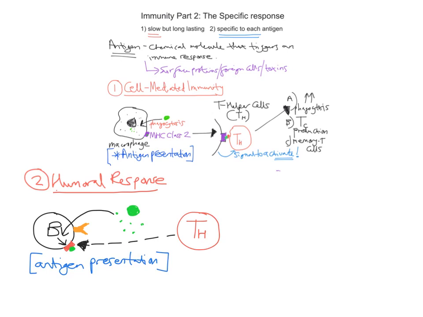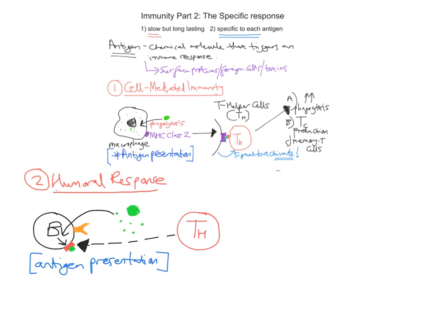So this T helper cell will complementarily bind to this antigen, and it will send a signal to activate the B cell. Now, once we've activated the B cell, we then get the production of what are called plasma cells and memory cells.